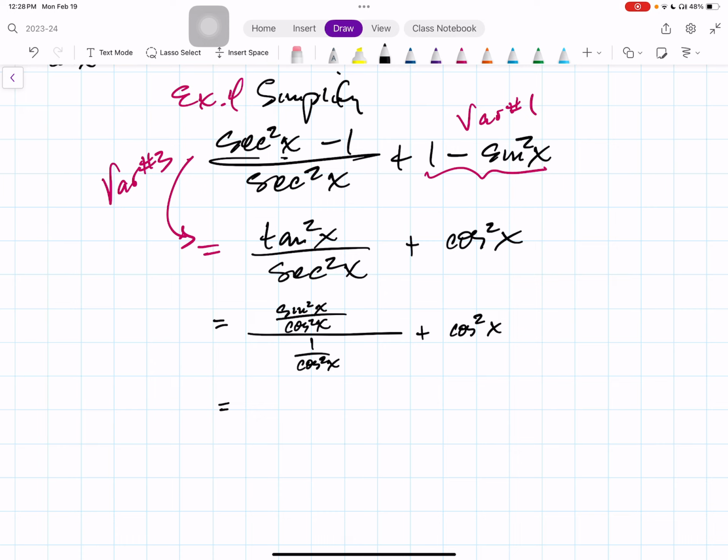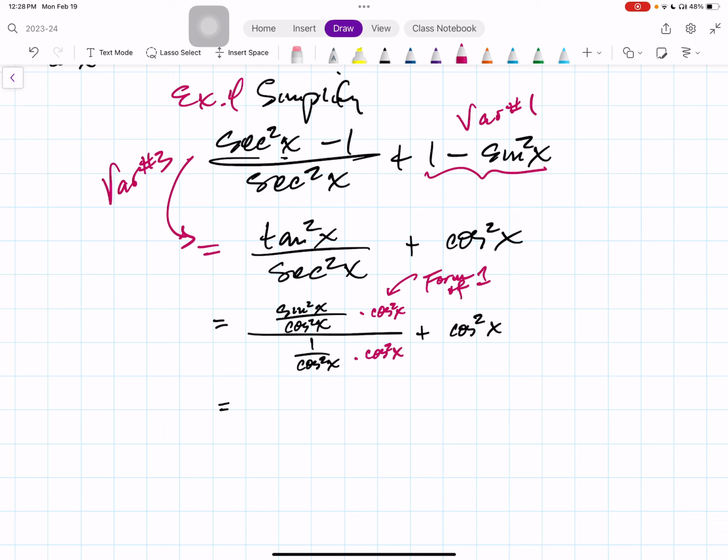Now we multiply by the reciprocal, or there's a cool slick idea. You could multiply by a form of 1 here. A lot of teachers do that. You could multiply by cosine squared x on numerator and denominator. I don't know if you guys were taught this, but this is a really slick way to do it. This is called a form of 1.